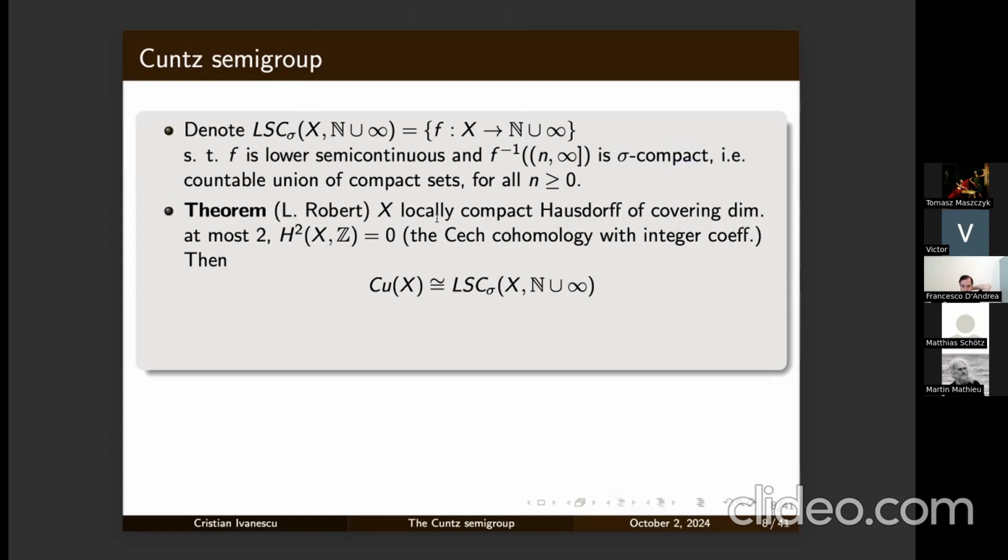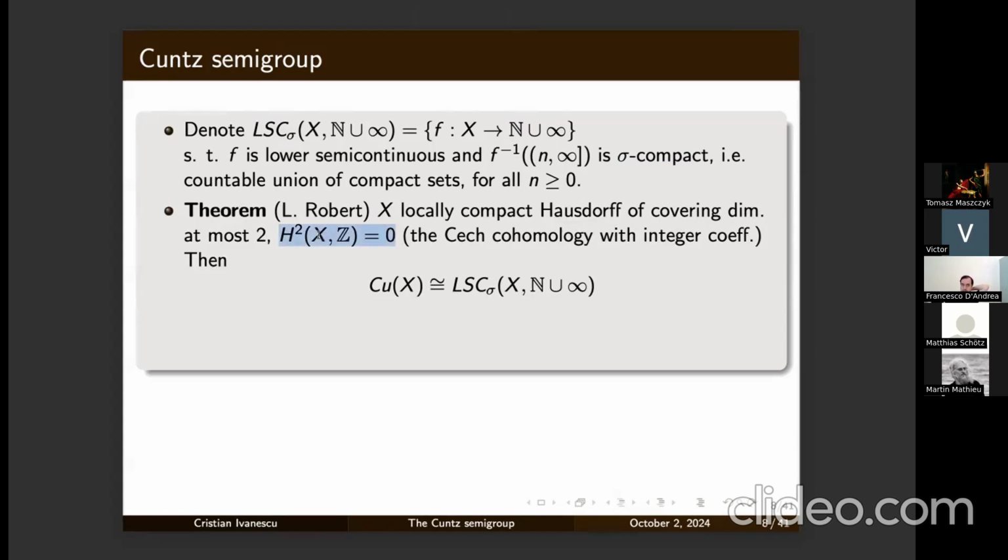Then Leonel Robert showed the following theorem, which I think, at least to my knowledge, is the best calculation of the Cuntz semigroup we have so far. It says the following: if X is a locally compact Hausdorff space with covering dimension at most 2, and the second group of Čech cohomology is trivial. Now, why this condition?